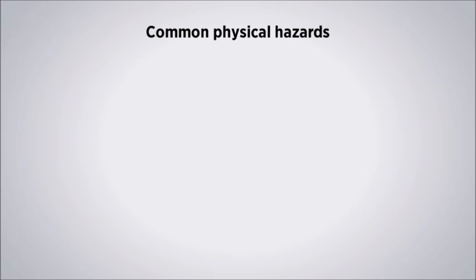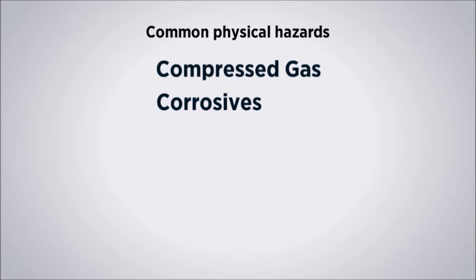Common physical hazards you should know include compressed gases, like liquefied natural gas and compressed oxygen, which can explode or cause suffocation if released in a confined space. Corrosives, like battery acid or ammonia, which, when concentrated, can destroy physical property and bodily organs. Combustible dust, which is fine particles that can catch fire or explode if ignited.